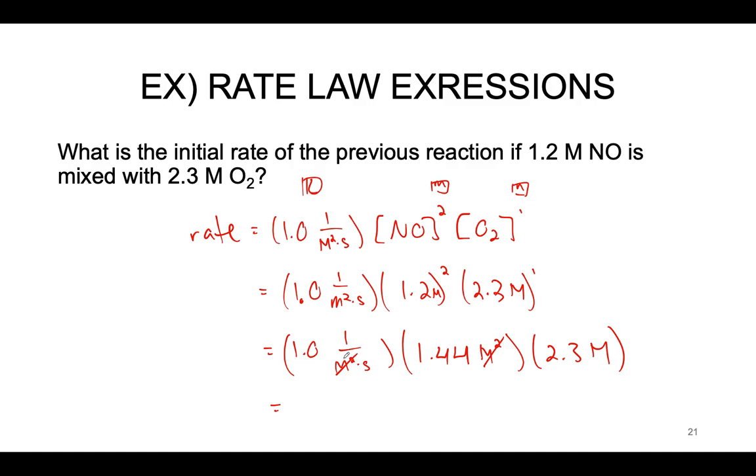So as it turns out, these two molarities will cancel out, and we will only be left with molarity per second. So this also means that our rate is going to be consistent with how we know rates to be measured, concentration units per second. So at the end of the day, the rate of our reaction is going to be 3.31 molar per second. This reaction is going to be progressing very quickly, proportional to the initial concentrations that we are working with here.